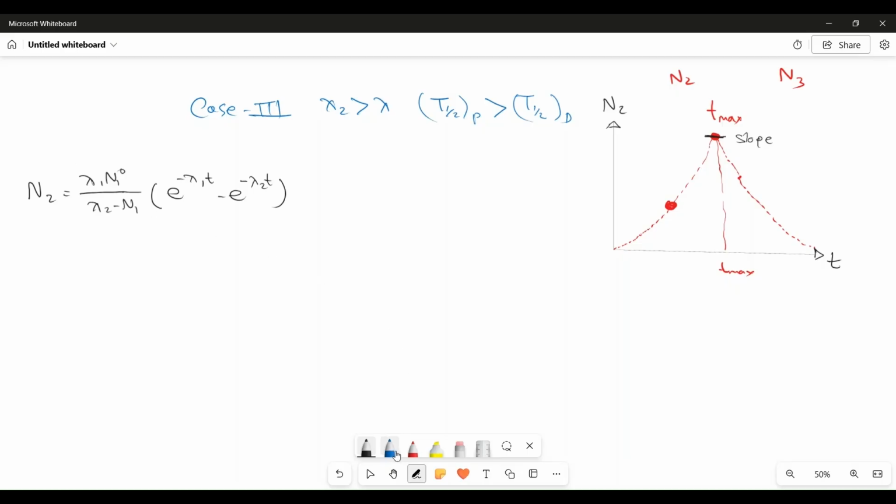Before we start, let's put the constant terms all together and name them A. What are the constants here? This whole thing is constant for us. So let's call it A.